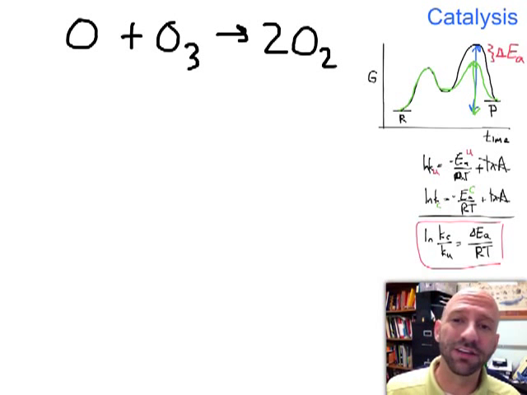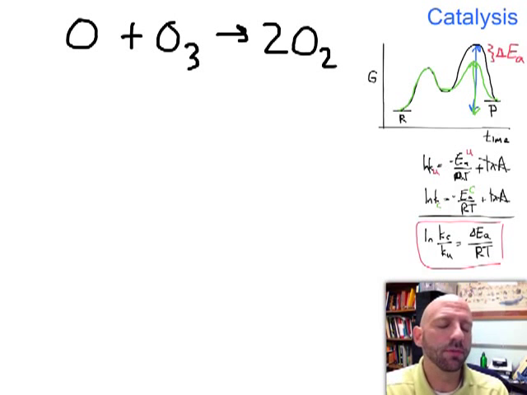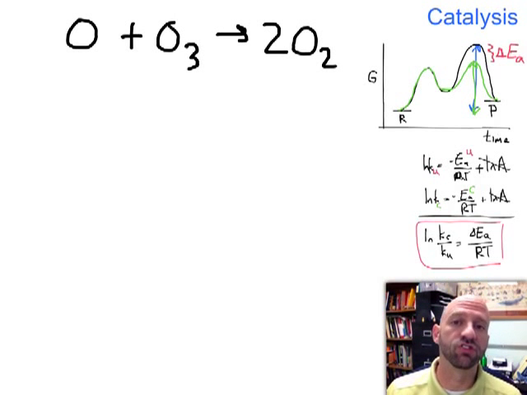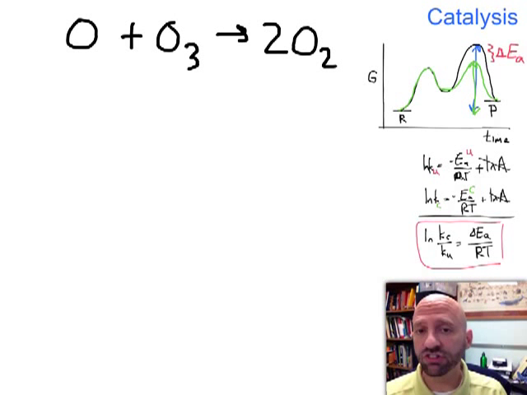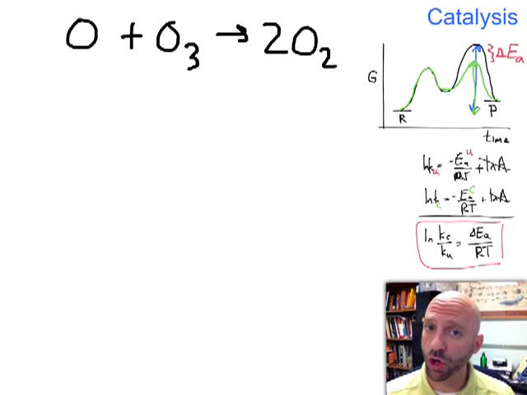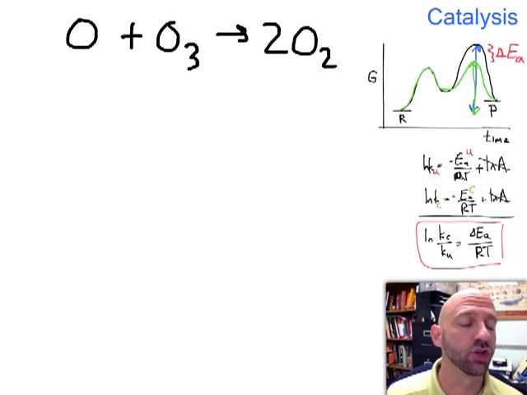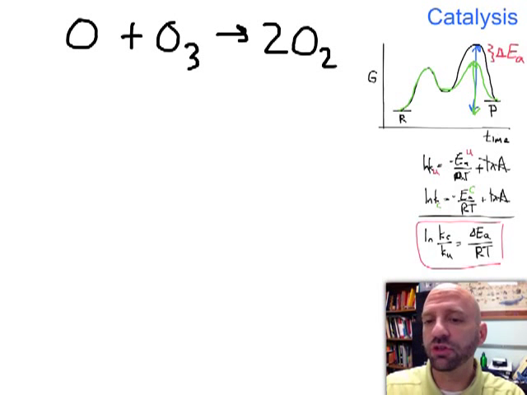But we did learn in the very early 80s that one of the contributing causes to the expansion of the hole in the ozone layer was the use of CFCs, chlorofluorocarbons. Because it turns out the chlorine in chlorofluorocarbons can actually accelerate the decomposition of ozone by this reaction. So here's what the catalyzed reaction looks like.